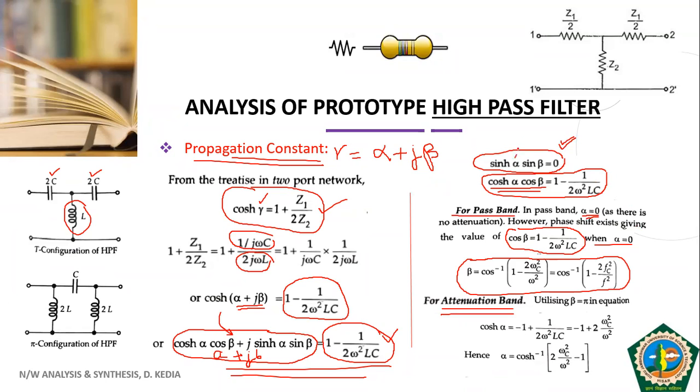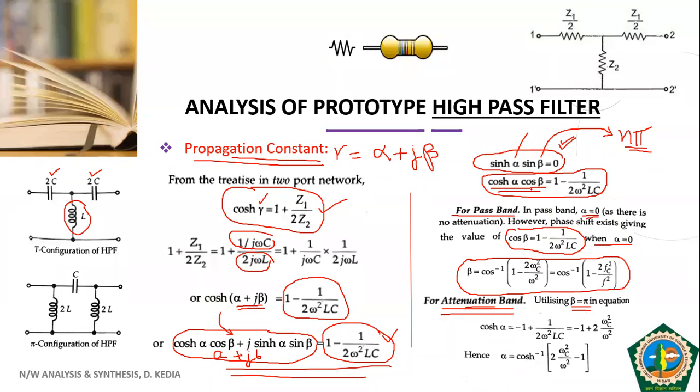For attenuation, alpha cannot be 0. Since the multiplication of these two is 0 and this cannot be 0, it means beta is nothing but some n pi, and we know that sine n pi is 0. So for the attenuation band, we have beta equal to n pi, and we take the value of n equal to 1. That's why we have utilized beta equal to pi.